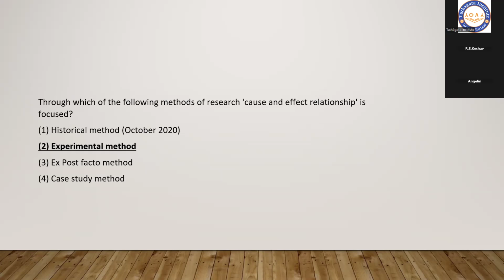You have to look for the words. This PPT helps you look for the important words; I have made it in such a way that they are covered. When you see the important words in the question, it should be easy to relate and identify. Cause and effect: experimental method.